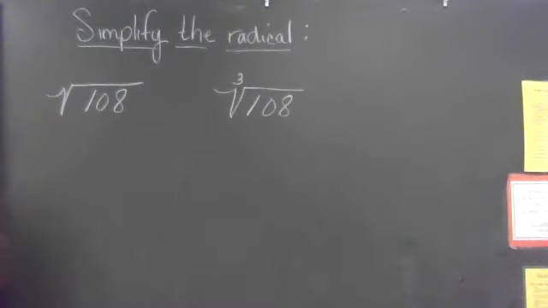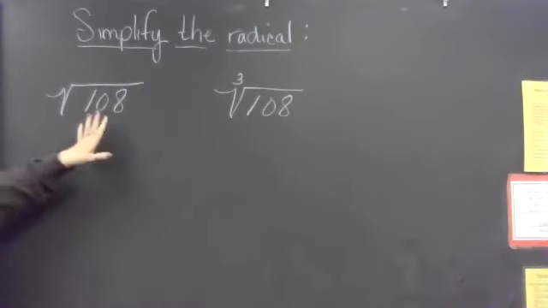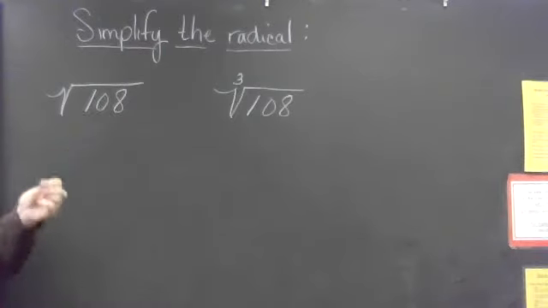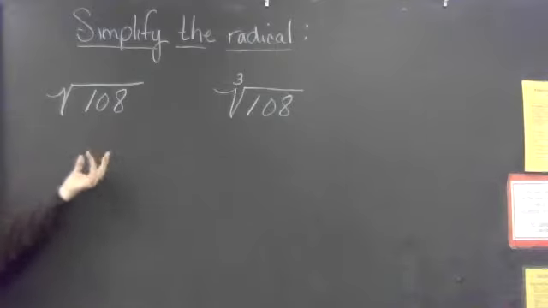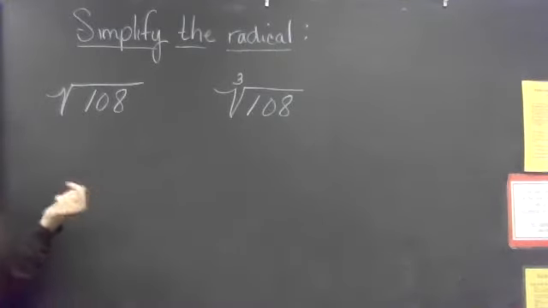And so we found out that there were also 2 ways of simplifying. We found out that you could take this 108, look at your square root cheat sheet, and see what perfect square will divide into this, and then you work on it and blah, blah, blah.